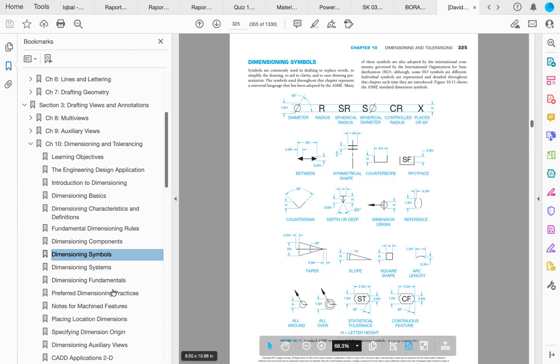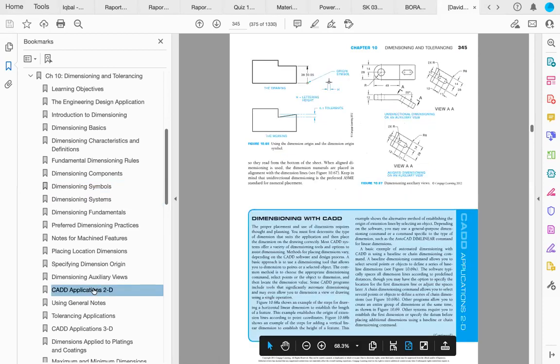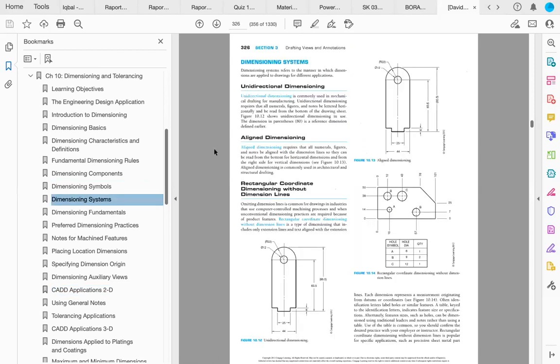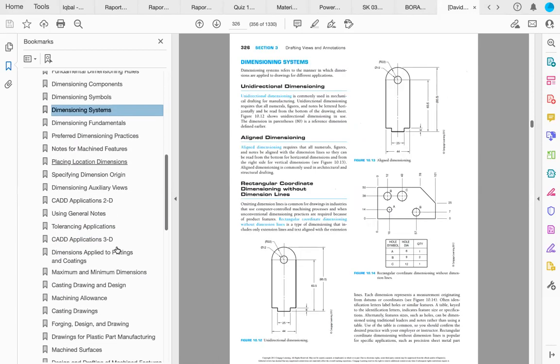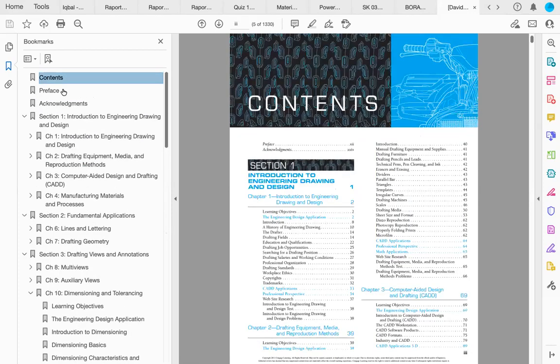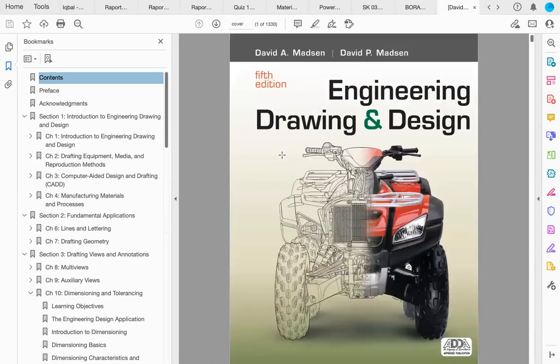Then there is also the CAD application where you dimension, and there are dimensioning systems and so on. So have a look later on. Let me open the book again. So this is the book, Madsen, Engineering Drawing and Design.